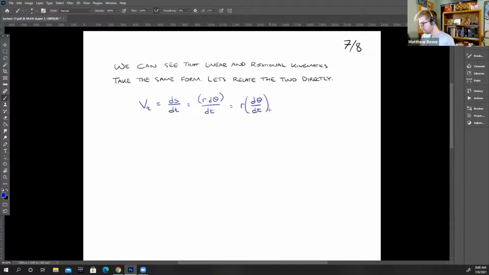From here, we see that there is a change of angle over a change of time, a small sliver of angle over a small sliver of time. That is just the angular velocity. So we have this relationship that we've arrived at. This is v sub t, just the tangential velocity, equals r omega. Omega just looks like a w. So tangential velocity to angular velocity.